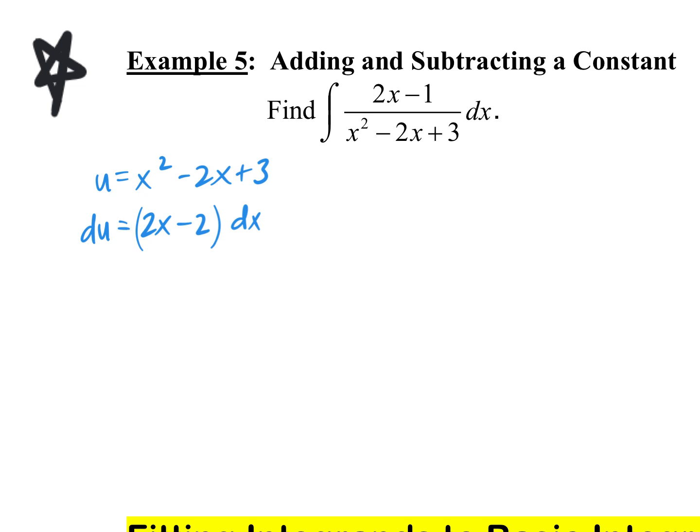But I could subtract 1 and make it negative 2, but then I also have to add 1. Which again seems kind of silly because you're not going to simplify it right away, but you're still adding 0 basically. So I'm going to go ahead and solve for dx. So I've got du over 2x minus 2 is equal to dx.